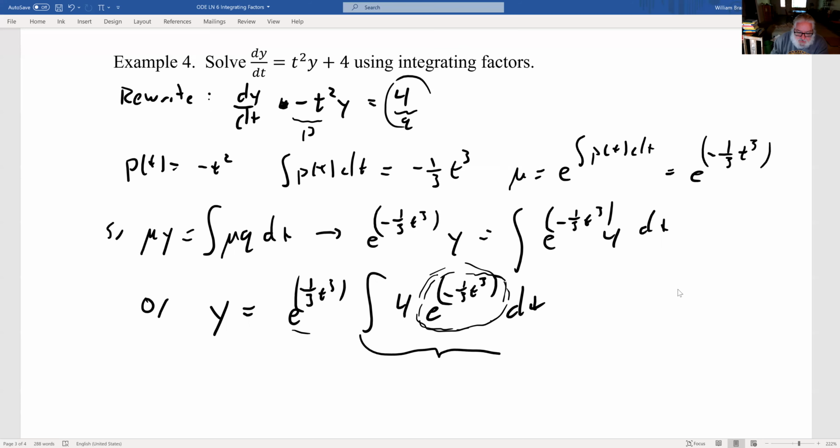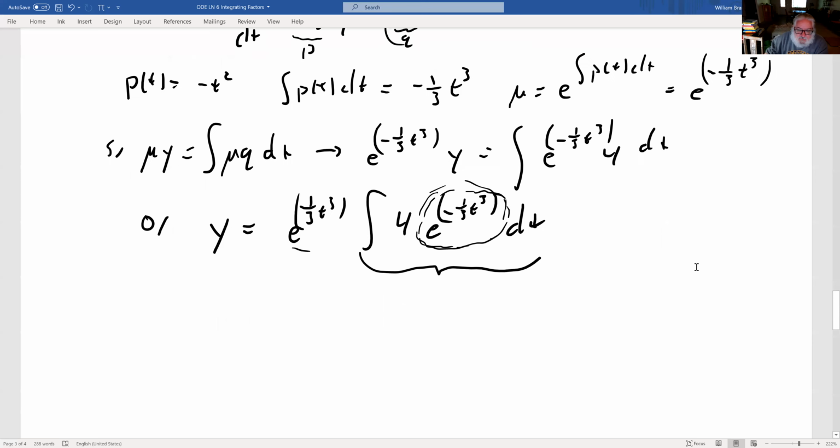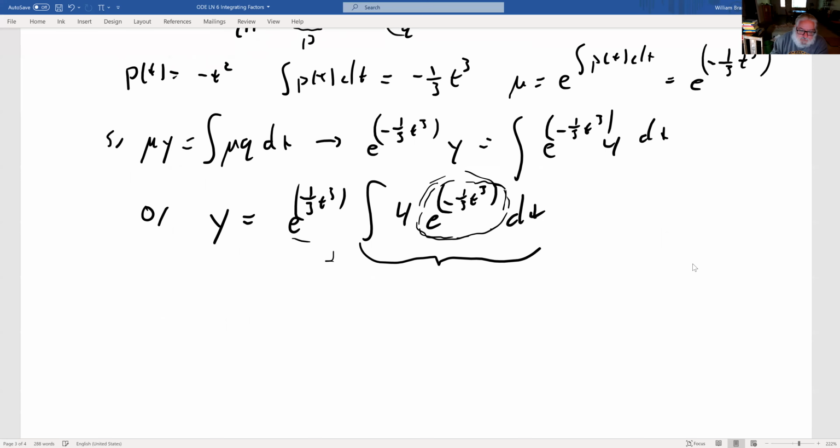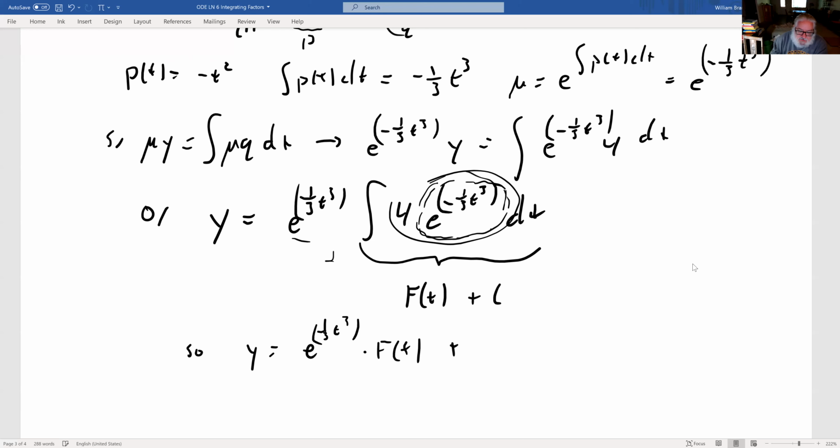Unfortunately, we don't know how to integrate this, but this is some function, right? Plus a constant, so y will be equal to e to the 1/3 t cubed times whatever the antiderivative of 4e to the minus 1/3 t cubed is, plus a constant times e to the 1/3 t cubed.